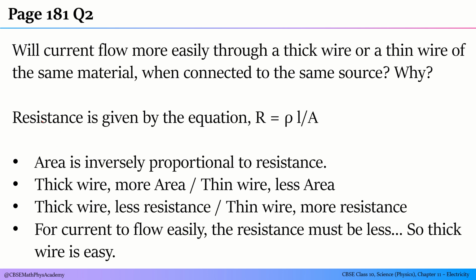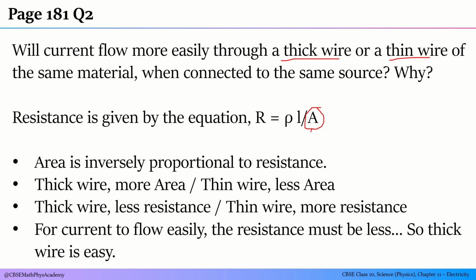This again depends upon the same equation we discussed in the last video. Resistance is equal to rho L by A. So thick wire or thin wire, it falls on the area of the conductor. A thicker wire has a larger area and a thinner wire has a lesser area.